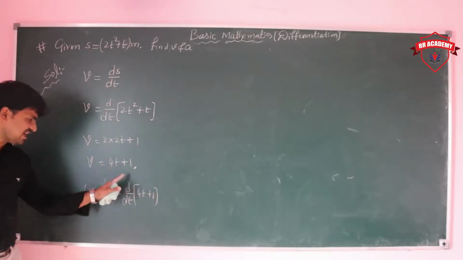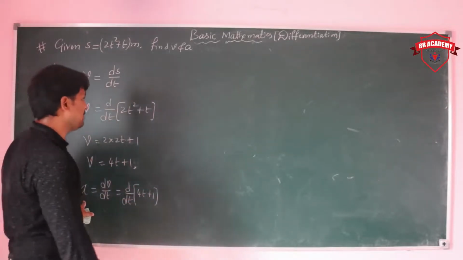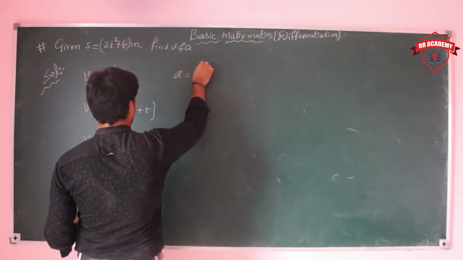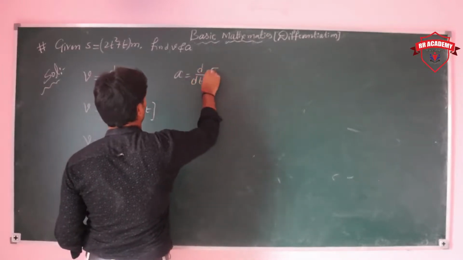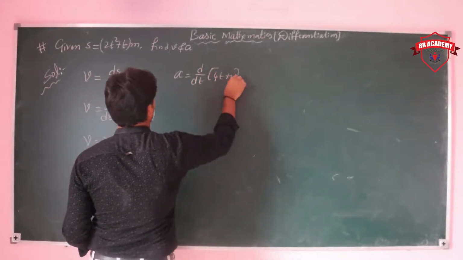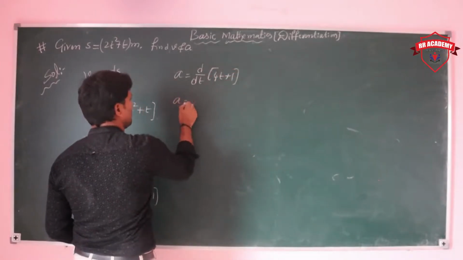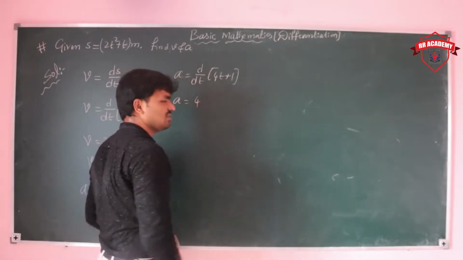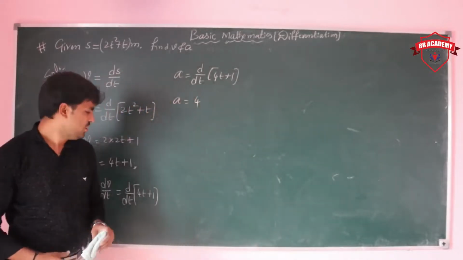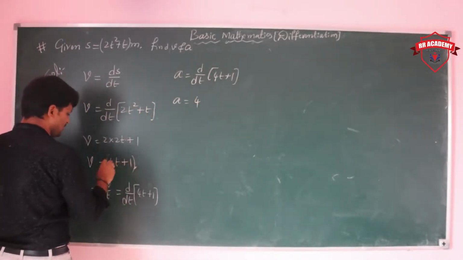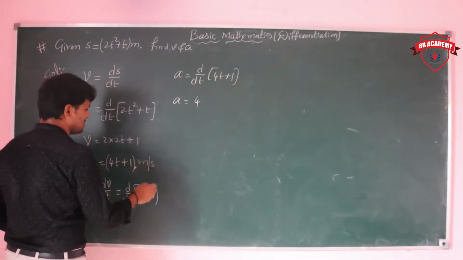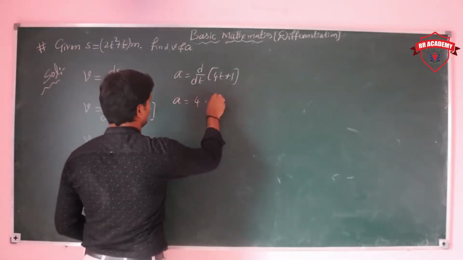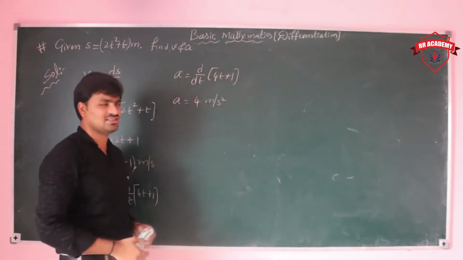The differentiation of 4t is 4, and the differentiation of 1 is constant function 0. So the acceleration of the particle is 4 meter per second square.